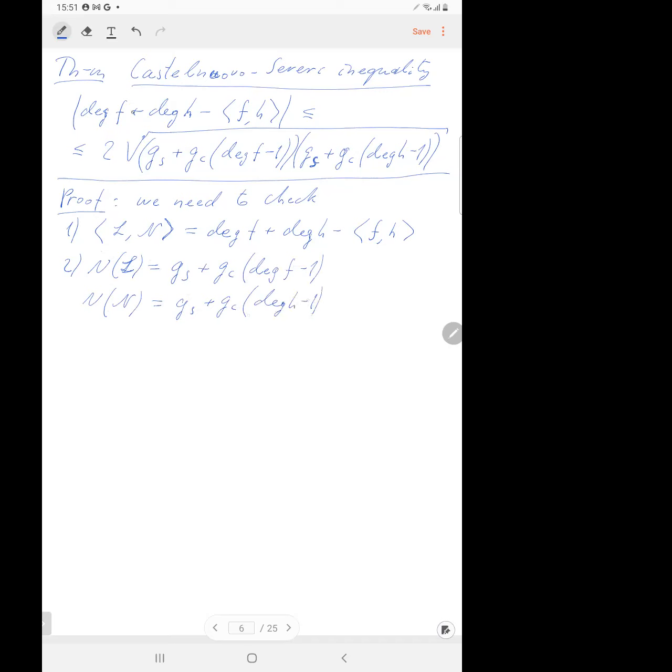But these are symmetric, so we only need to check the first one. Okay, so let's do this.